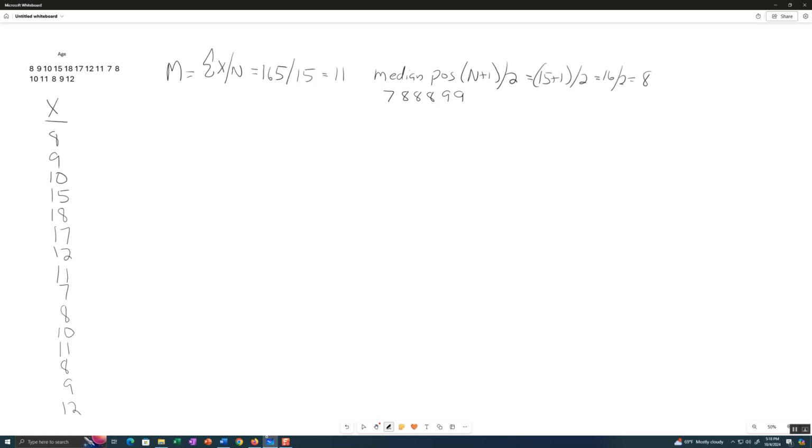Looks like 2 10s. 11s, I have 2 11s. 12s, I have 2 12s. 13s don't have any. 14s don't have any. 15s, looks like I have 1. 16s don't have any. 17s, looks like I have 1. 18s, looks like I have 1. No, nothing greater than 18 here.